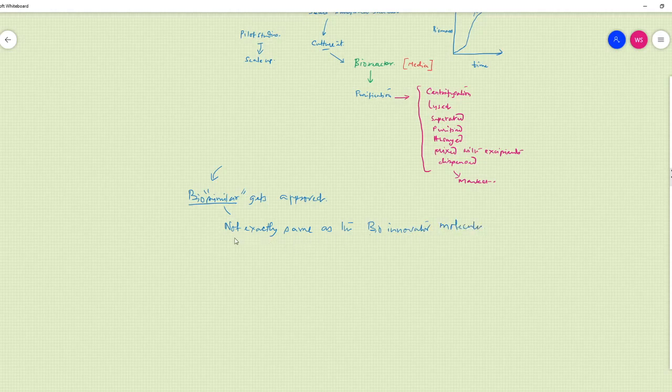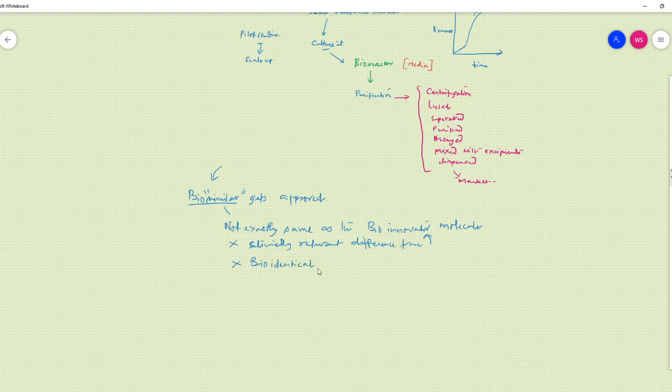But it does not have any significant or clinically relevant difference from the bio-innovator molecule. But it is not bio-identical.